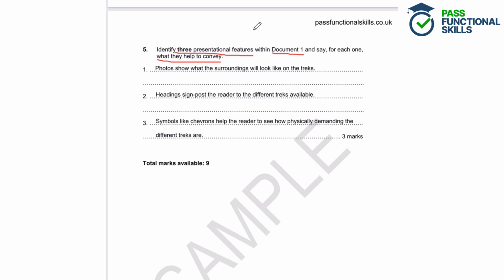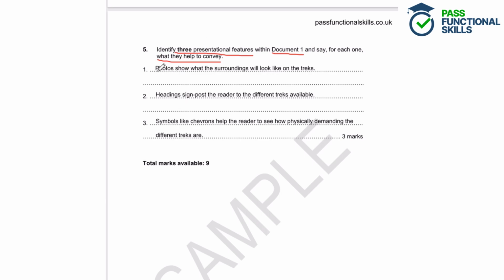So presentational features, also known as organisational features, include things like photos, they include subheadings, headings, paragraphs, anything to do with how the text is presented, how it's laid out. And then we need to say what these things help to convey. So what is the effect of using each one?